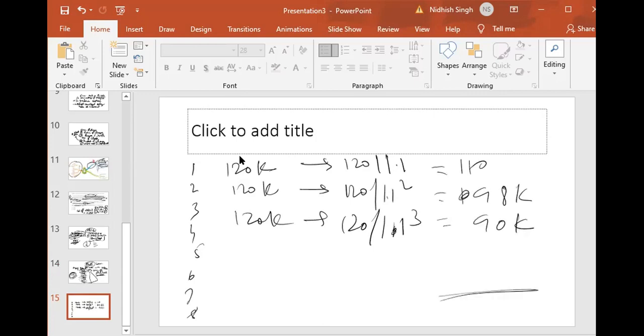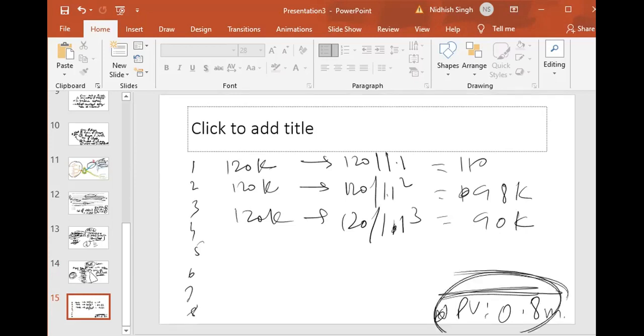All the numbers that come here, that will be the present value, which I am estimating as 0.8 million. So the point I'm trying to make is, this is your net liability to me.